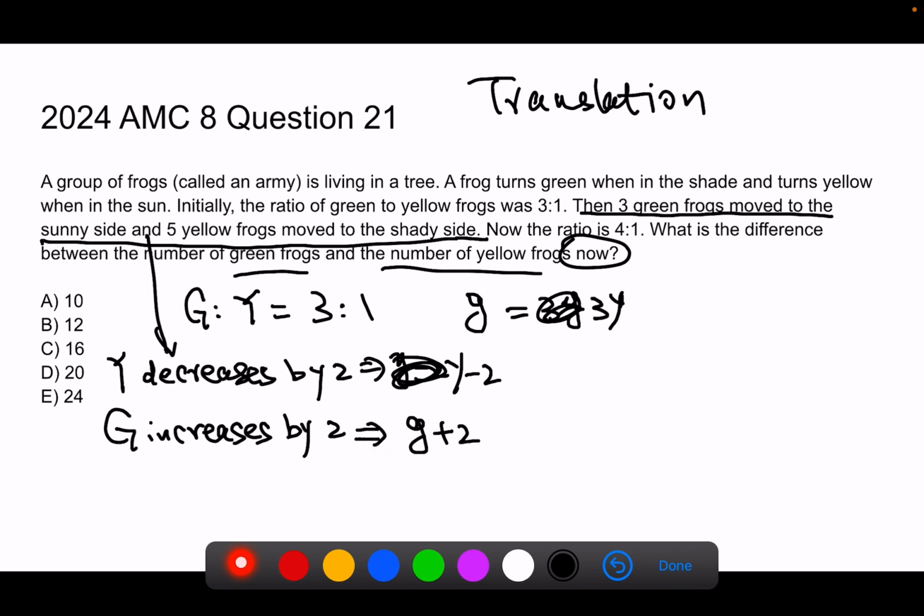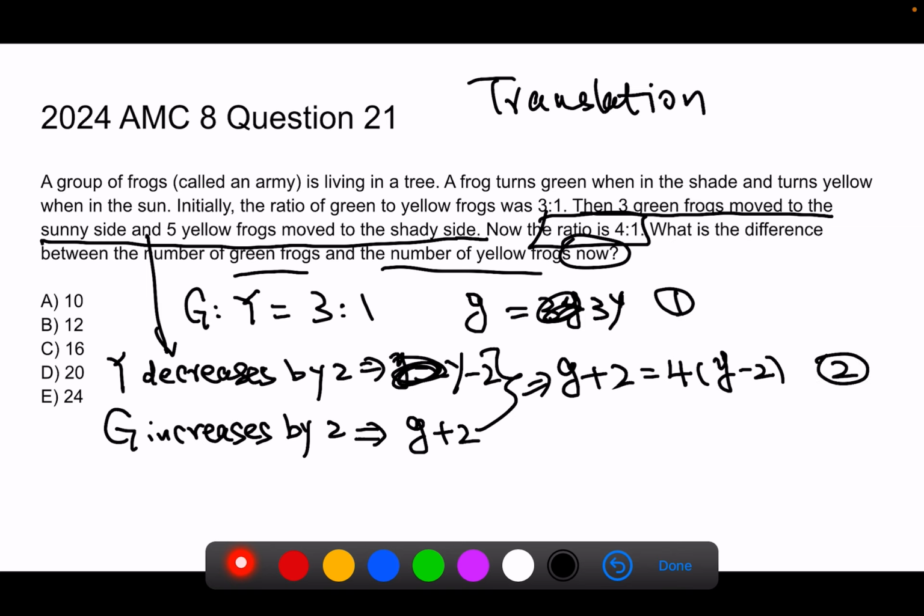And now the ratio is 4 to 1, which means this sentence needs to be translated into G plus 2 equals 4 times Y minus 2. And that is our system of equations. Put them together. G equals 3Y, that's our equation 1. And then you translate the sentence, now the ratio is 4 to 1, and you get the second equation.